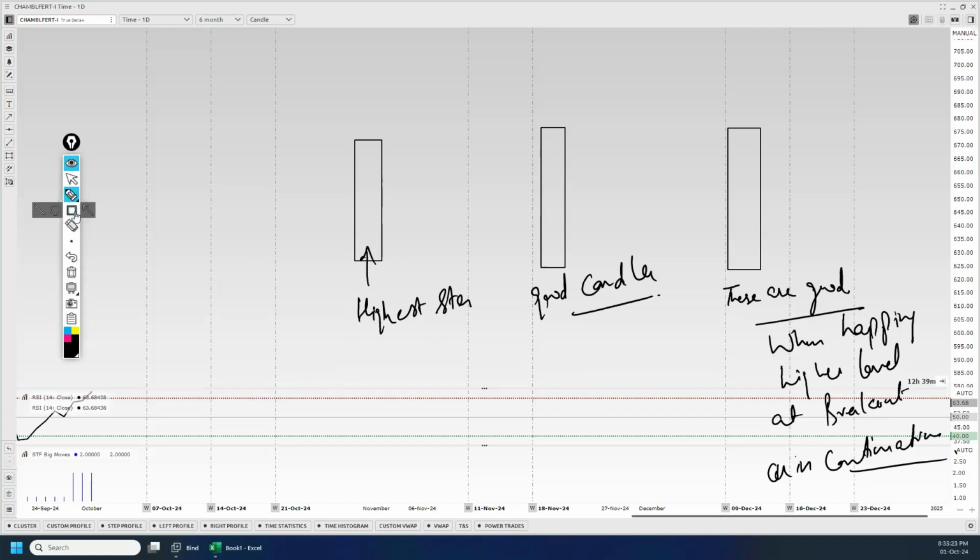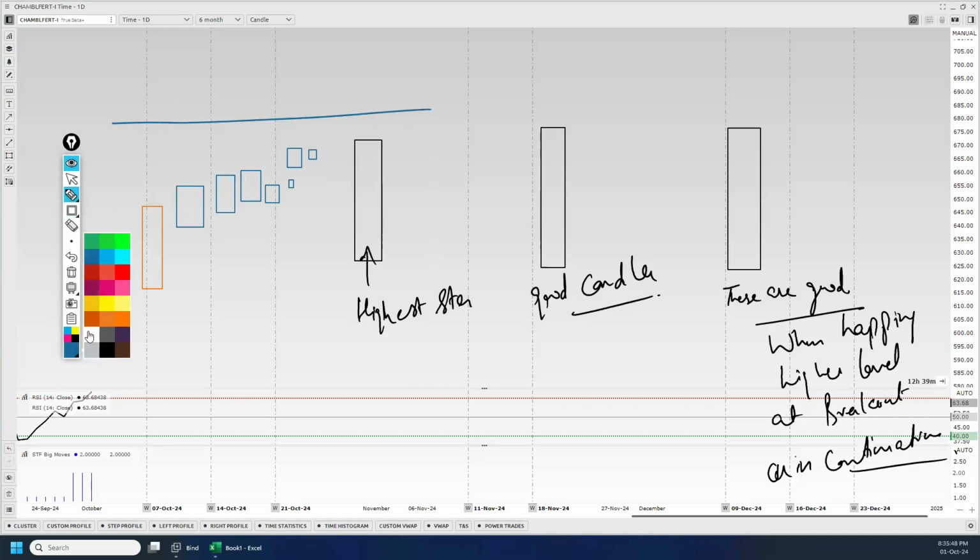So let me give you a very random example. So this is the bottom. Then after a bottom, you are getting some strength candles. That's okay. And I believe this was a breakout.